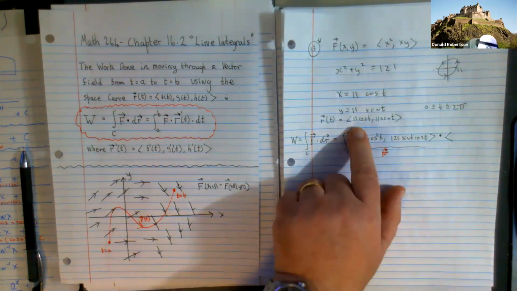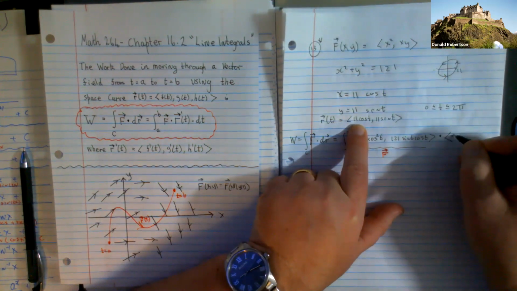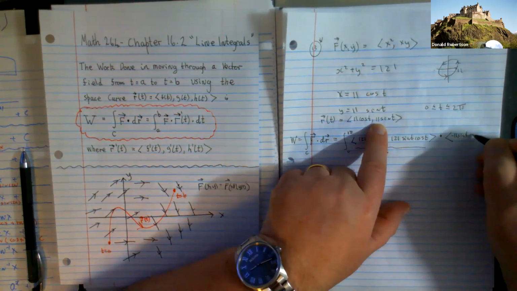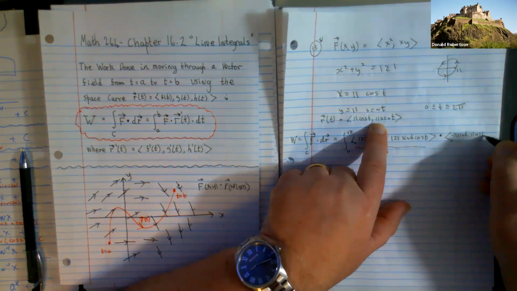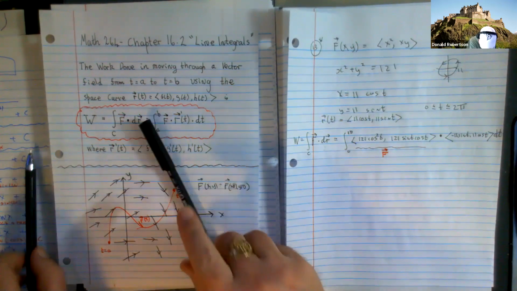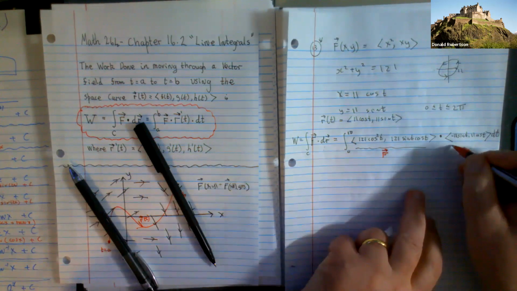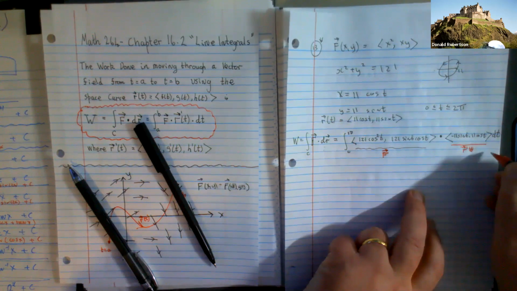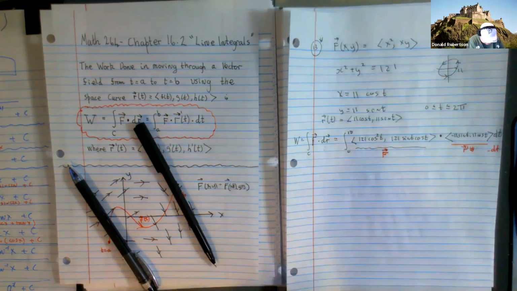So differentiate this fella, you get negative 11 sine t. Differentiate this guy, you get 11 cosine t dt. So this piece here is essentially r dashed of t, and then your little dt. So there's all the pieces.